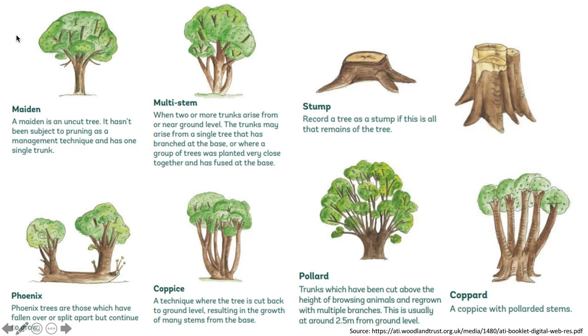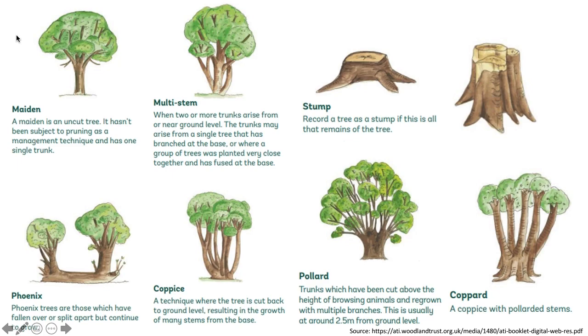Bottom left, we've got this phoenix tree form, and phoenix trees are those which have fallen over or split apart but actually continue to grow. So you might have seen examples of these out and about, but just because a tree has fallen doesn't mean that it will just die. It might continue to grow in this way, and if it grows to an ancient age, its appearance compared to, for example, a maiden tree is going to be quite different.